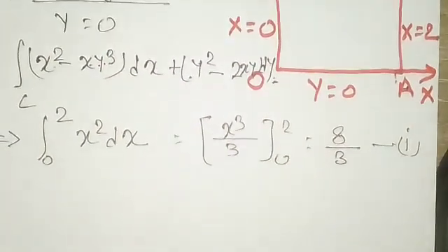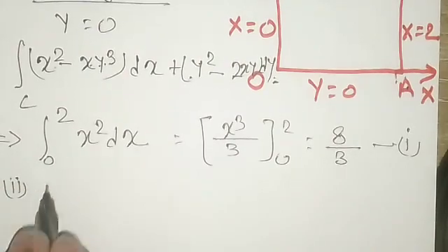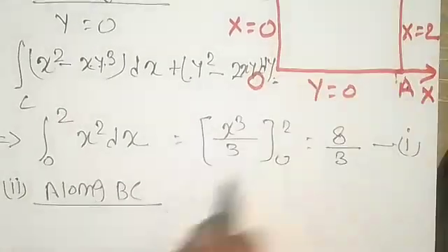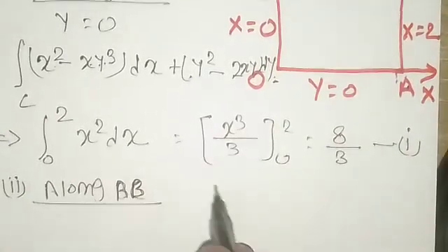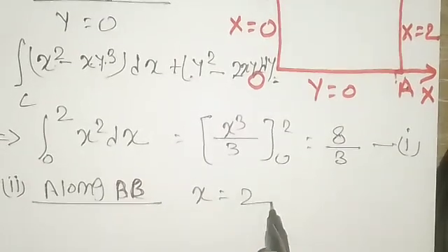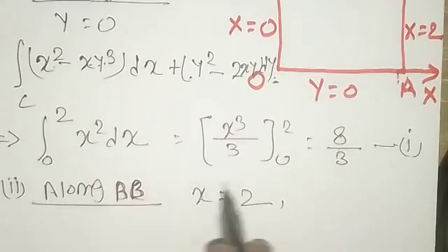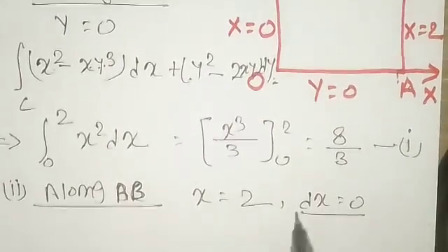Now the next curve, the second one, is along AB, sorry, I'm sorry, along AB. So on AB you have x equal to 2. So when x is equal to 2, if you differentiate this with respect to x, dx will be nothing but 0, right?